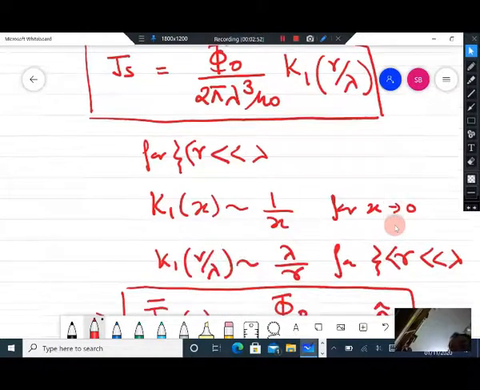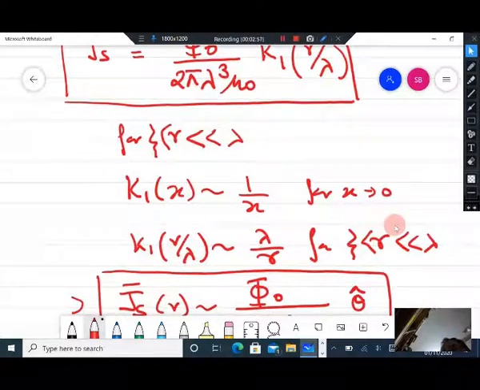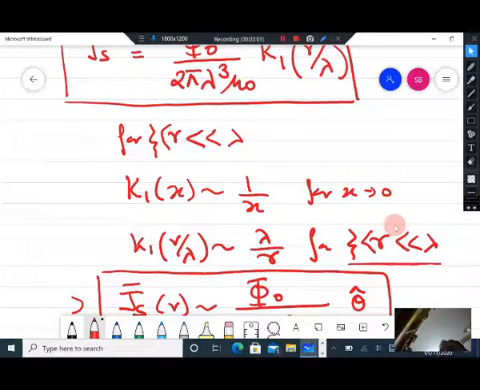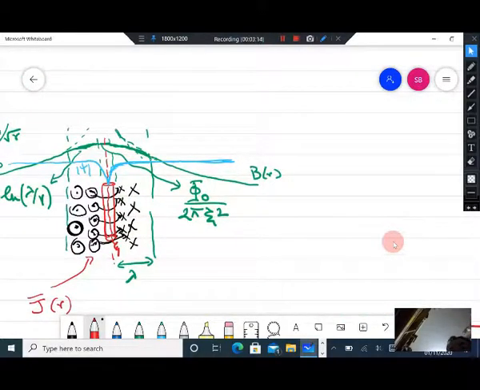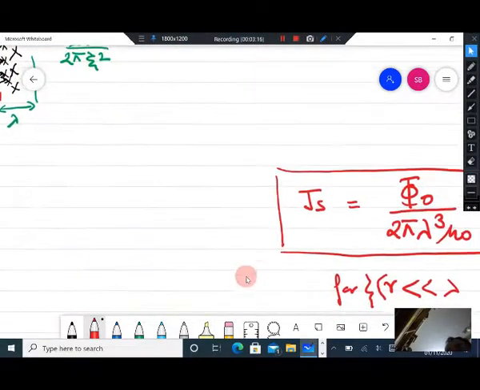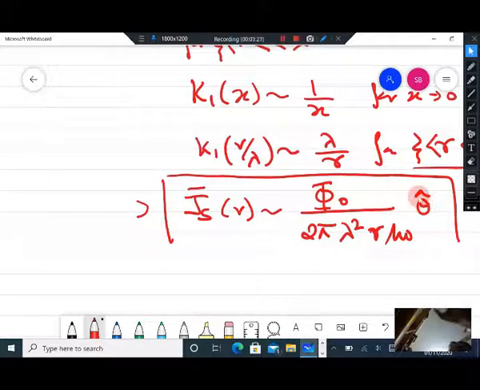If you take a distance r greater than the coherence length and much less than lambda, namely within this core region where the flux is roughly constant, the current density varies as phi naught by 2 pi lambda cube r, along theta cap, the direction in cylindrical polar coordinates.